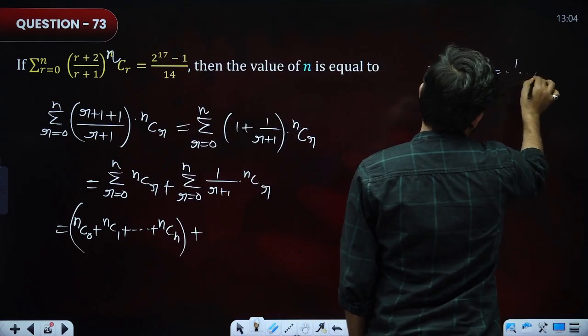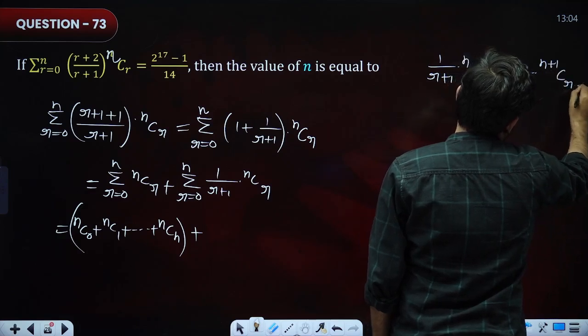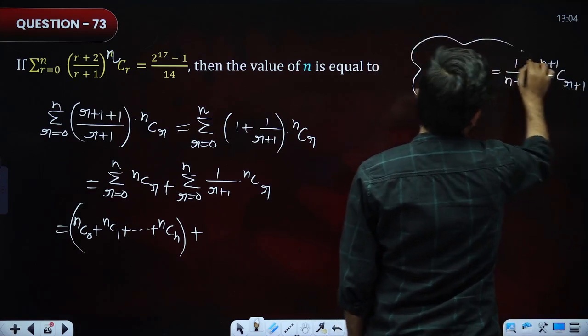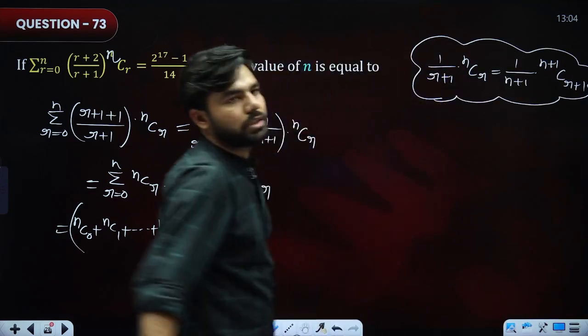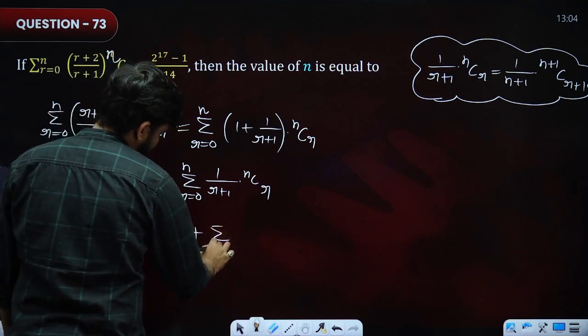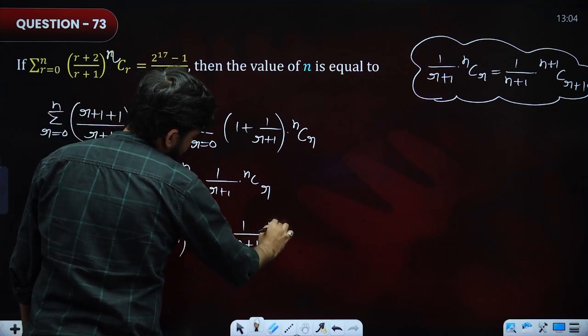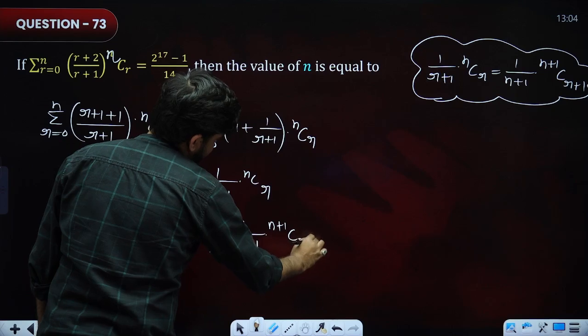Plus, for that case, we can use the identity: 1 upon (r plus 1) into nCr can be written as 1 upon (n plus 1) into (n plus 1)C(r plus 1). This is the identity. So we can write the summation of r equals 0 to n, 1 upon (n plus 1) into (n plus 1)C(r plus 1).